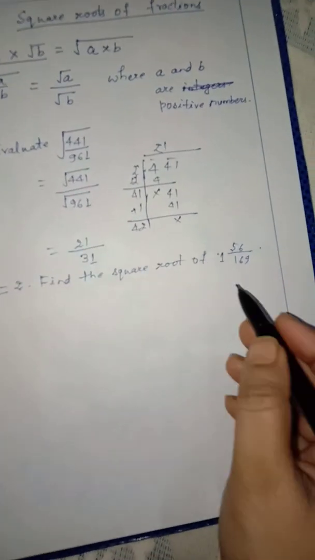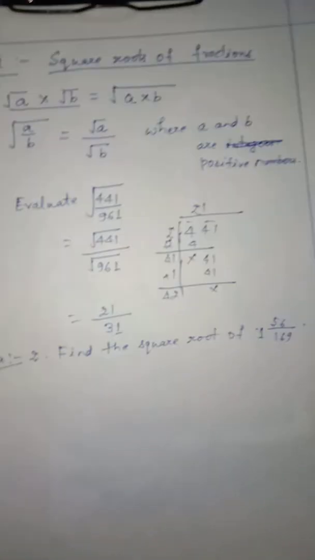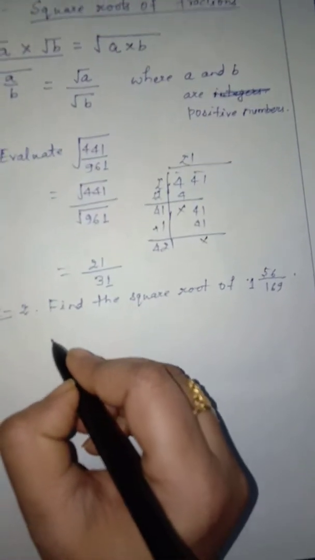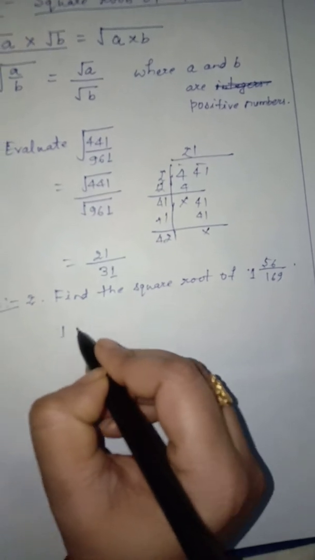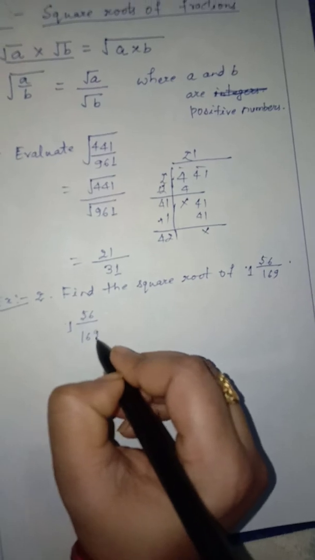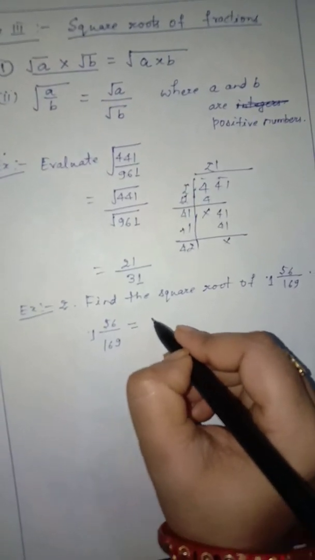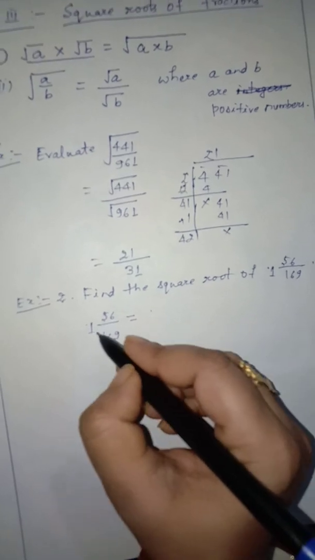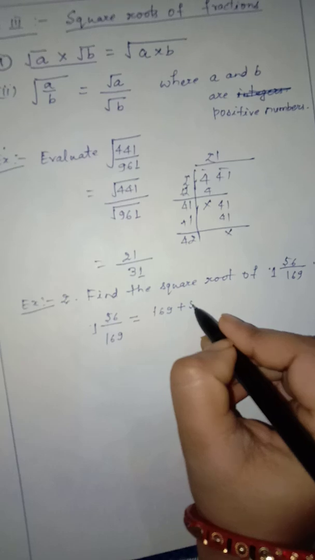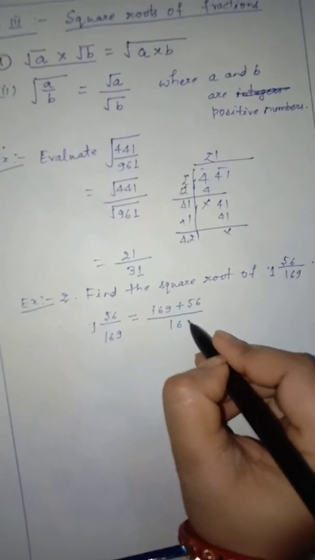If our number is a mixed number, what will we do? Firstly, simplify it. So 1 whole 56 by 169 equals 169 1s are 169 plus 56, and the denominator will be the same.